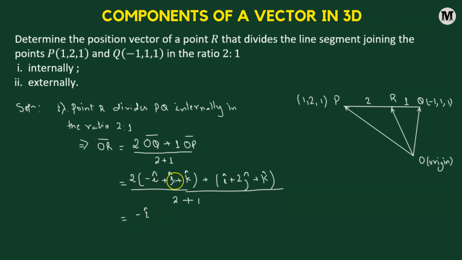Then we have 2j cap added to positive 2j cap, so that will be 4j cap. And then we have 2 times k cap added to k cap, so that's going to be 3k cap, whole divided by 3. So this is going to be the position vector of the point R, which divides PQ in the ratio 2:1 internally.